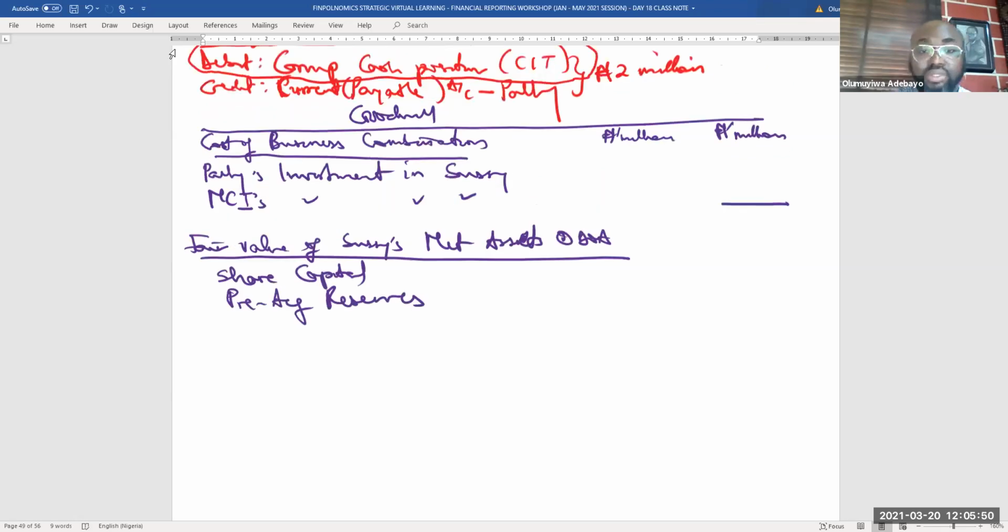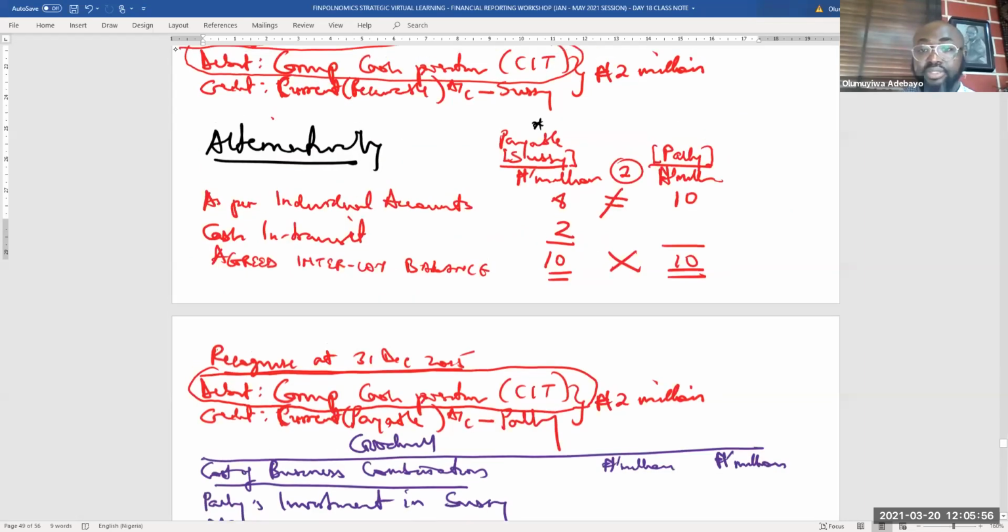What is your share capital? $100. What is our pre-acquisition reserve?